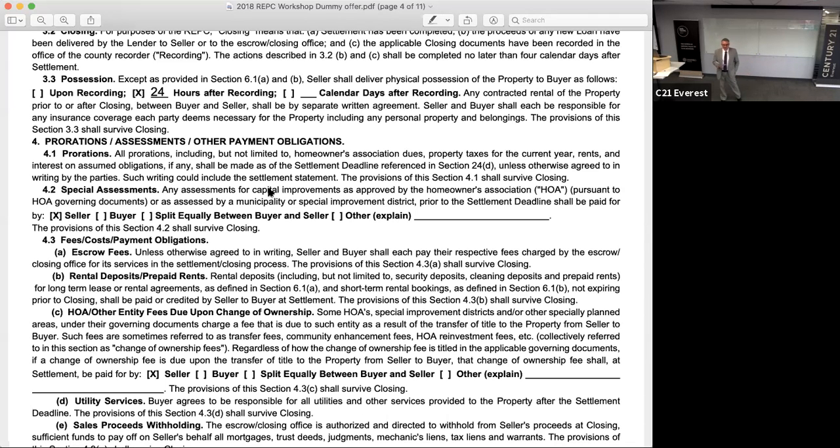And the people all had a choice that you either paid for it up front or you could make payments on it.